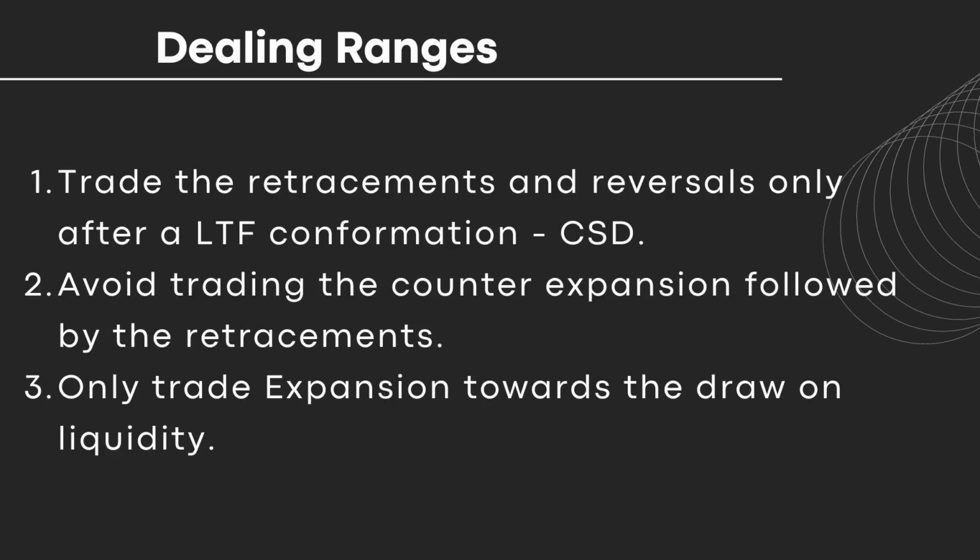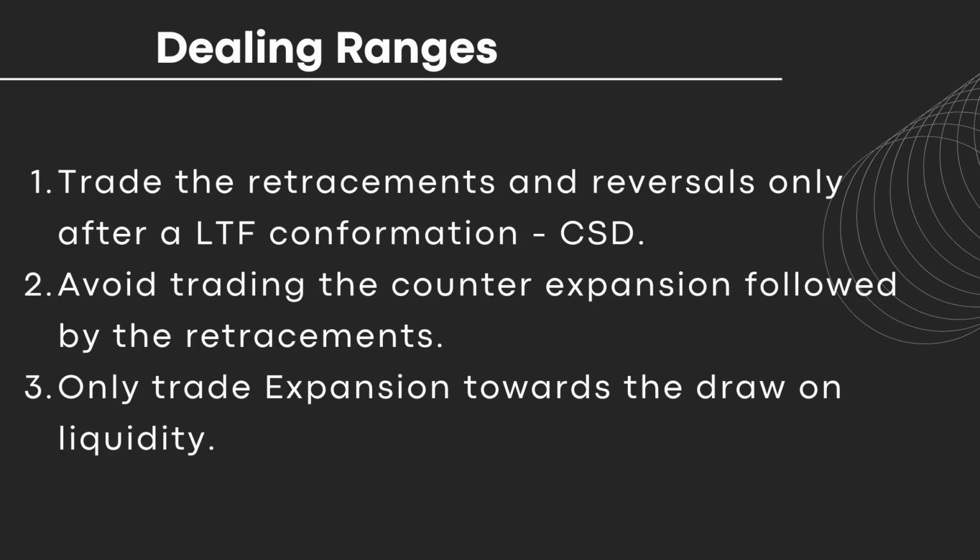Now let's move on to another slide. So here we've got some important points regarding dealing ranges that you must be aware of. The first one is that you should only trade the retracement and reversal profiles on the lower time frame after a lower time frame confirmation, and that confirmation could be in the form of a CSD, or a change in the state of delivery.